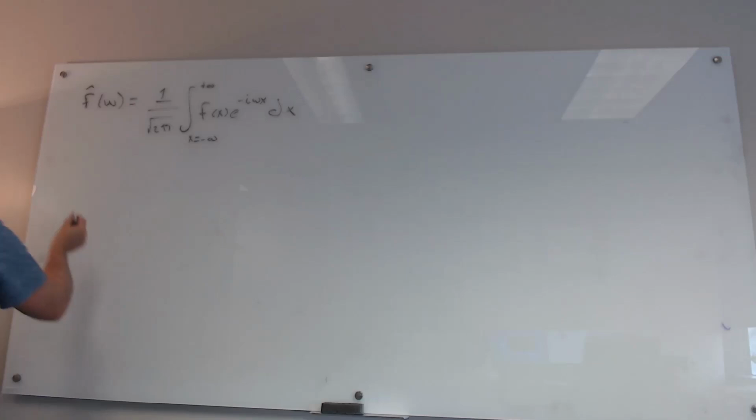Now you might remember something called convolution from your differential equations class. This is a way to take two functions, multiply them in a weird way, as you'll see in just a minute, to get a new function.